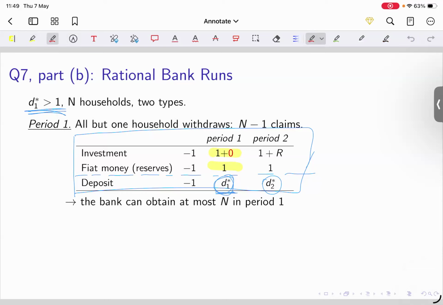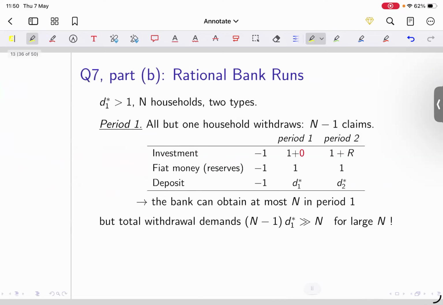Because fiat money doesn't pay interest by design, and the investment only pays interest in period 2. Because if I redeem early, I get nothing extra, right? I just get what I put down, right? Which means that the bank can obtain at most N, the initial funds, in period 1.